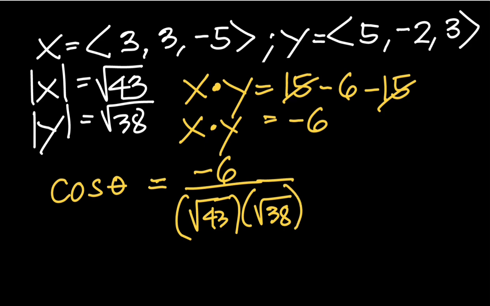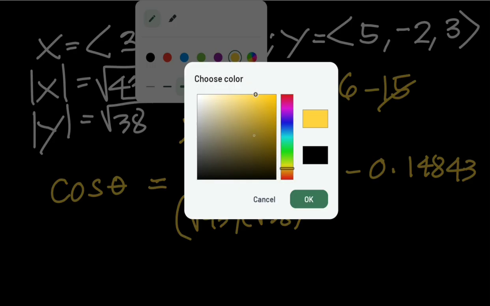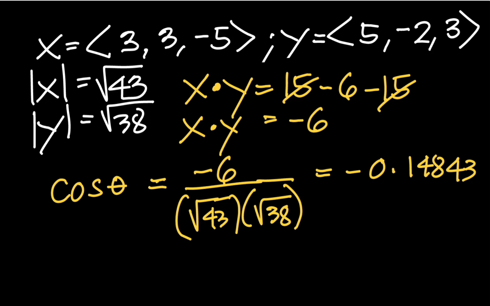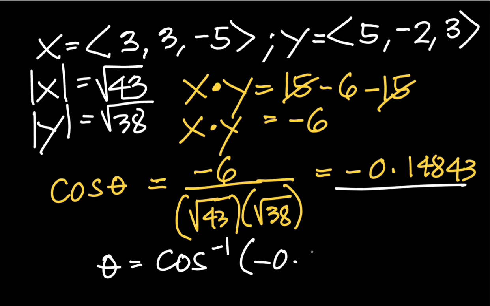Using a calculator, we get cosine theta equal to negative 0.14843. And now to solve for the value of the angle between vectors x and y, we just use the cosine inverse. So theta here is just equal to the cosine inverse of negative 0.14843.